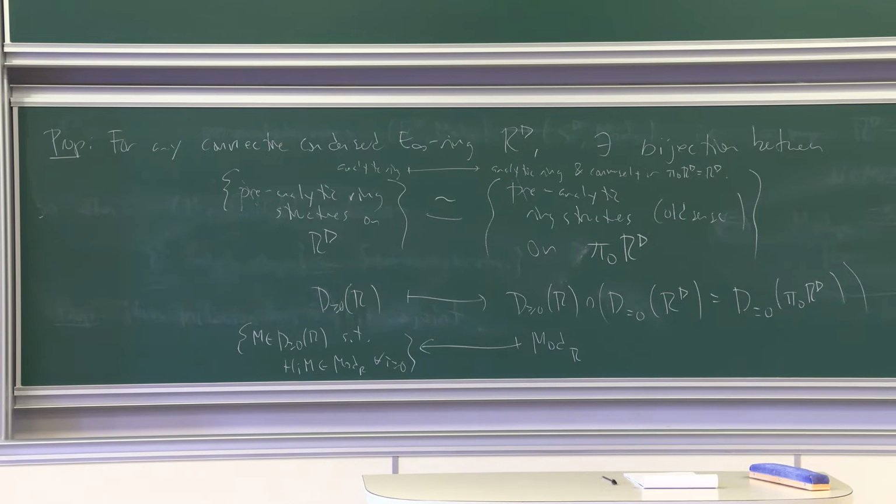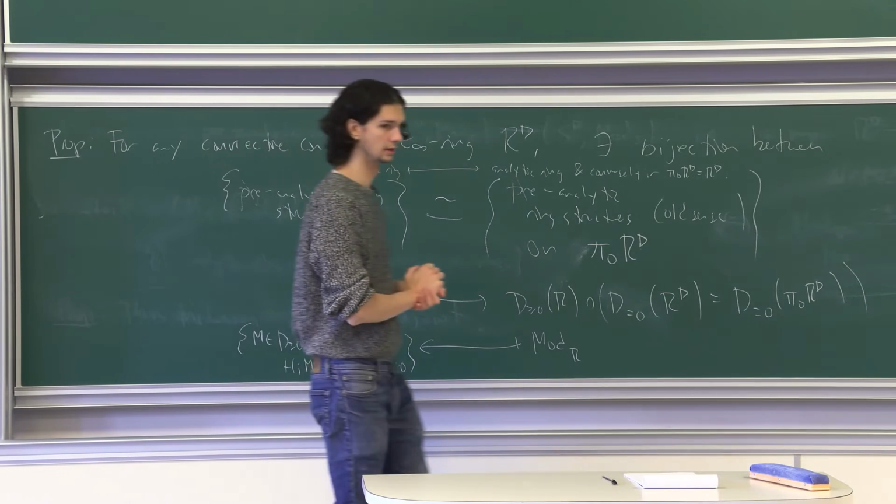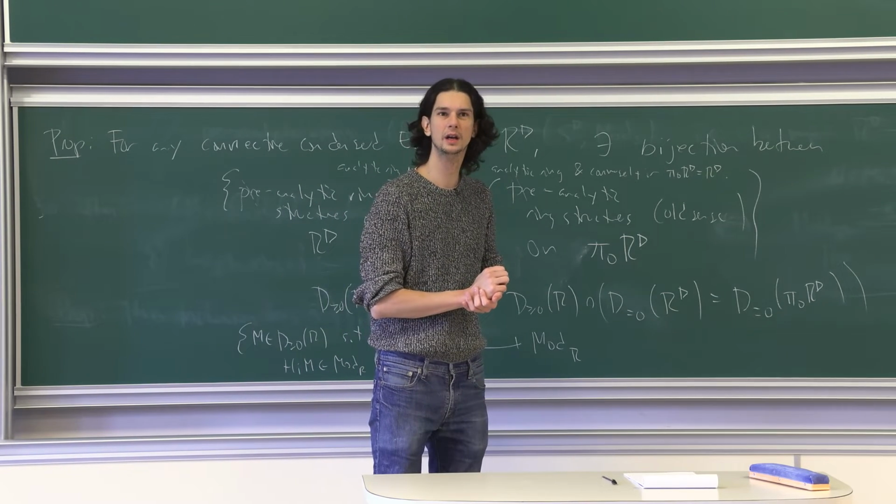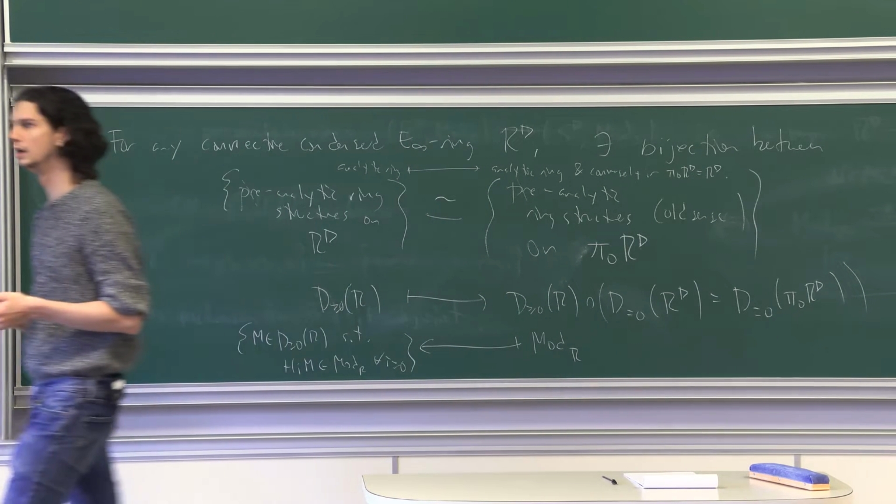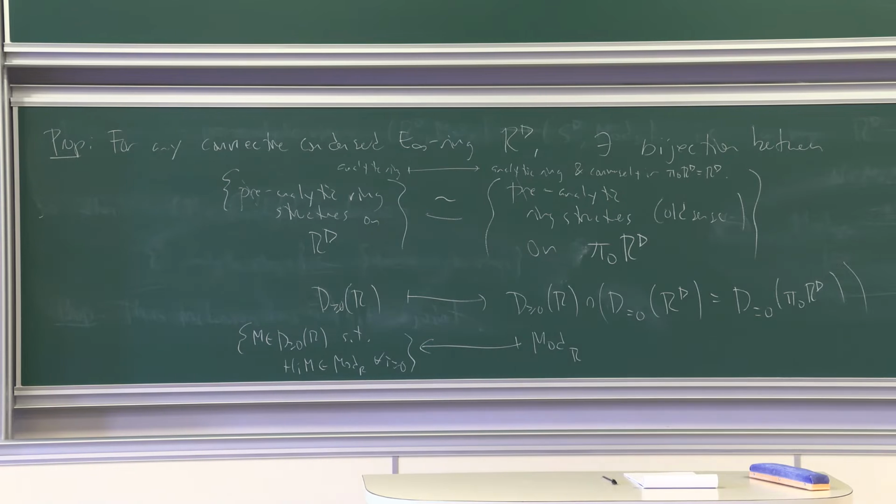I understand the free analytic infinity ring topologically as a dependent loop space of free analytic ring.